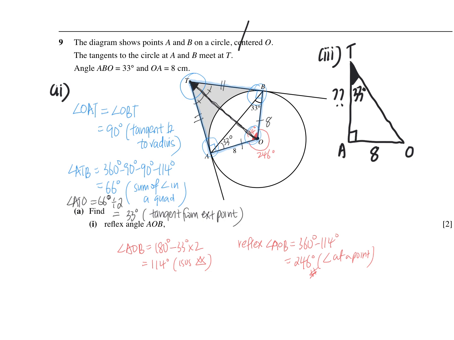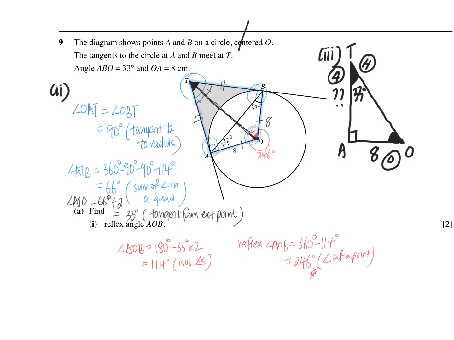Okay, so to find the length AT, what should I use? SOH CAH TOA. I want to find A, I have O. You can use sine rule if you want, but you need this angle.